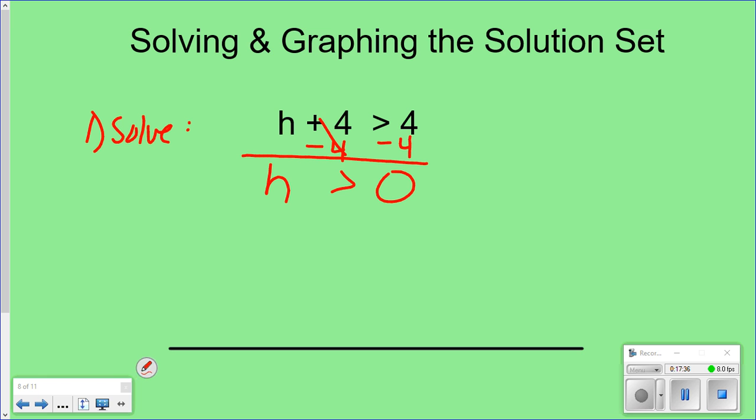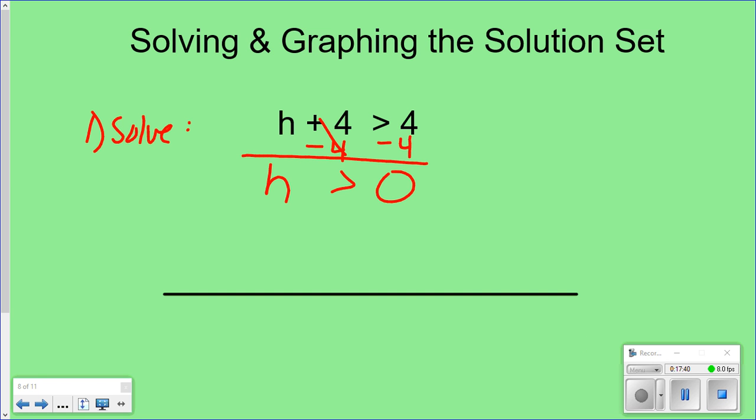Now, how do I graph it? Well, I'm going to create a number line. This is the second part you're going to graph. Create a number line, or just a line, and on this number line has to be the number in the answer. So if I have a 0 in my answer, 0 has to be on my number line. I'm just going to make a snapshot of a number line.